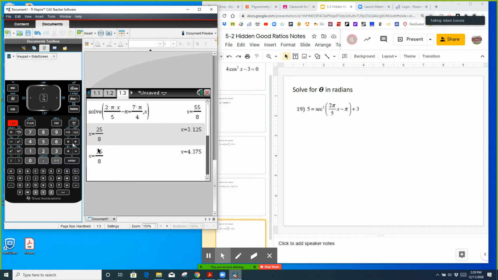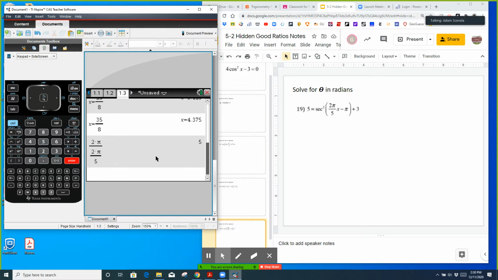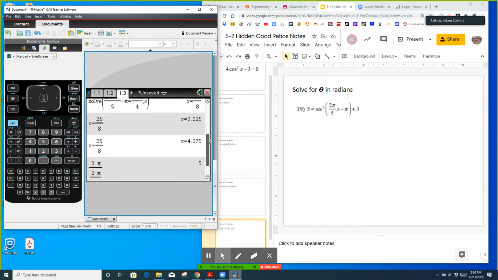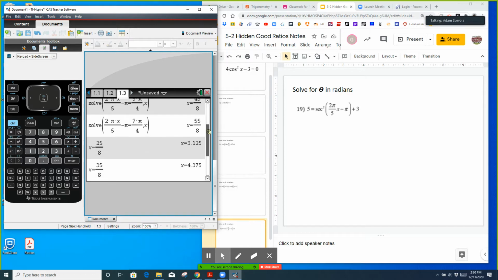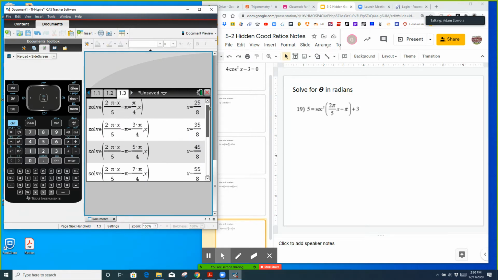If we do 2 times pi divided by b, which was 2 pi over 5, we get that the period is 5. So these values that we got, 25 over 8, 35 over 8, 45 over 8, 55 over 8, since we're looking for all the answers, you would add plus 5k to all of them. And that would give you all of the times these two sides intersect.